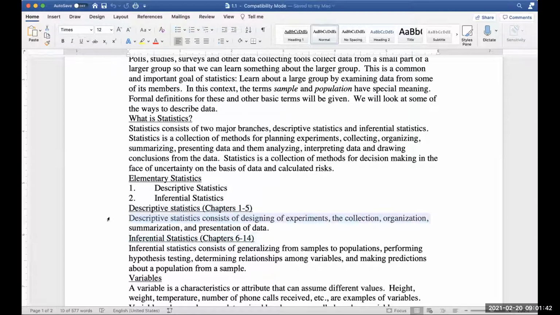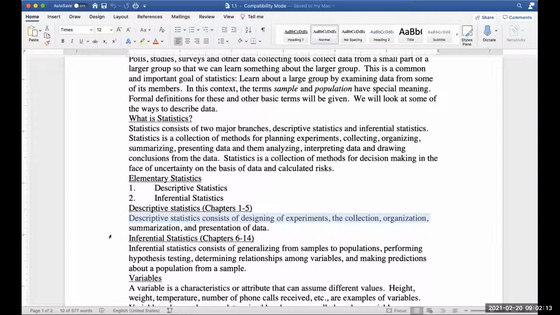So descriptive statistics involves techniques for the collection, the designing of experiments, the organizing, and the summarization and presentation of data.